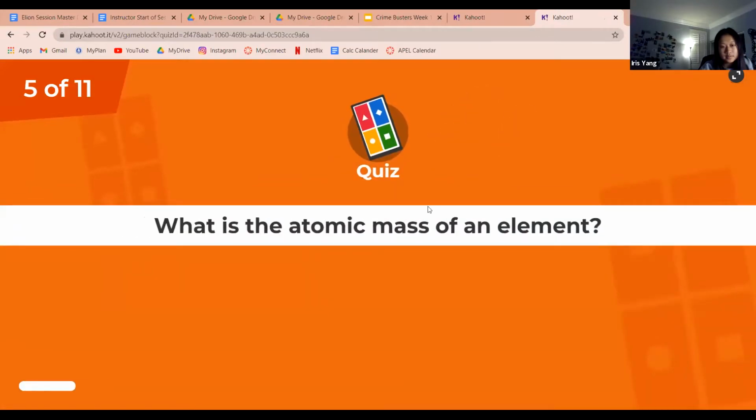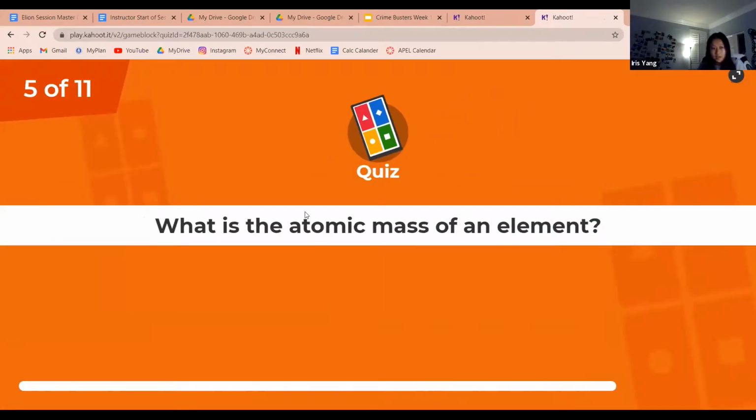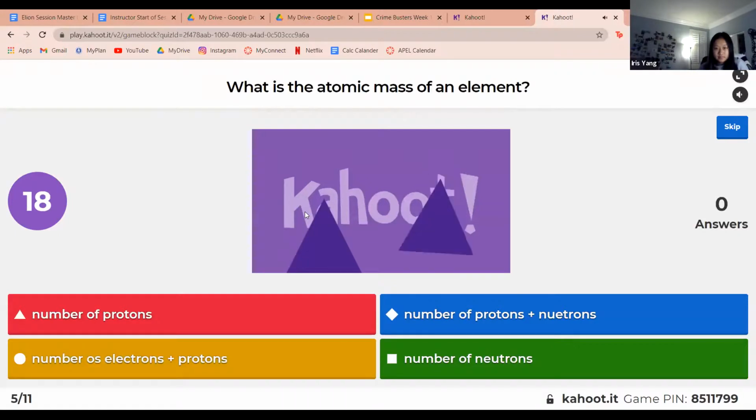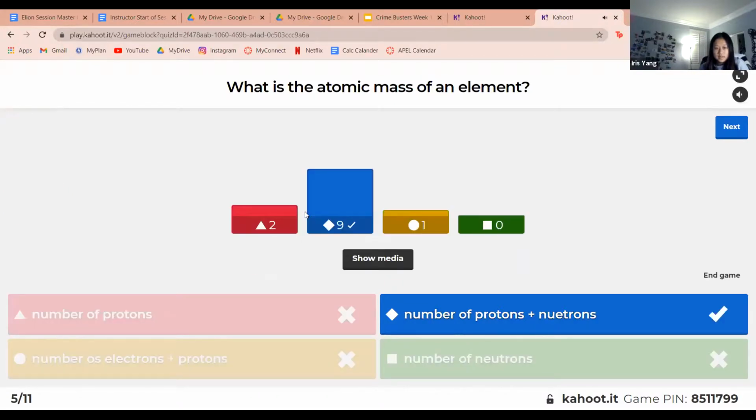Next question. What is atomic mass? Yes, okay. Number of protons and neutrons is correct.